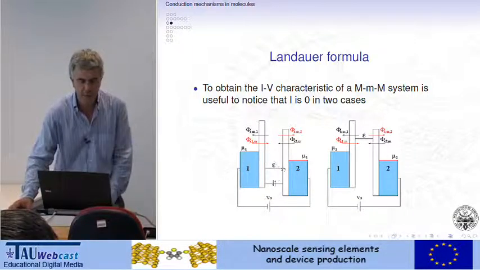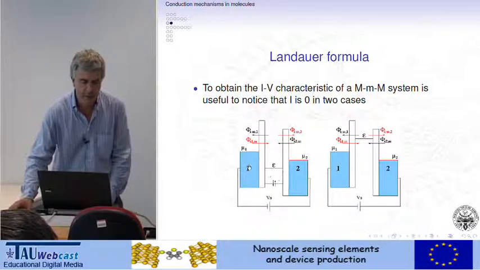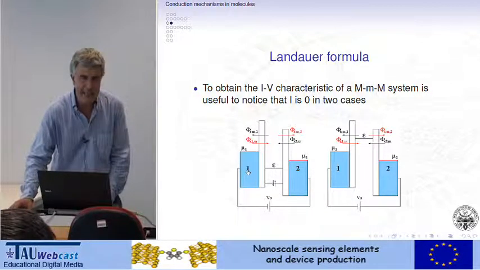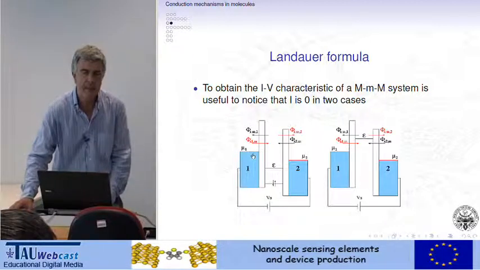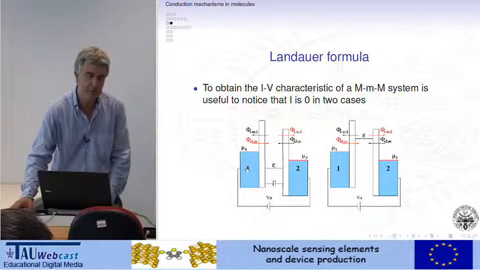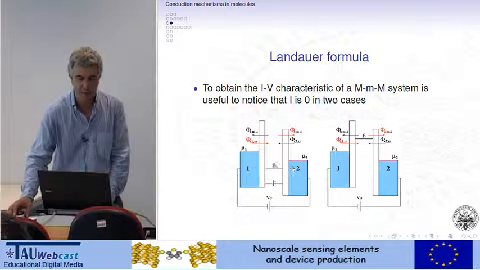That means that the Fermi distributions, both on left and on right, are inside the metal, below the Fermi level. What we said at the beginning is that the Fermi function below the Fermi level is approximately 1. So if we try to evaluate F1, F2 for this value of energy, we will obtain 1 on the left for F1 and 1 on the right for F2.